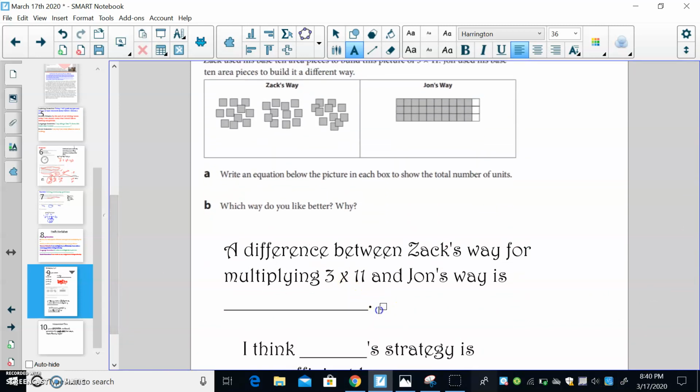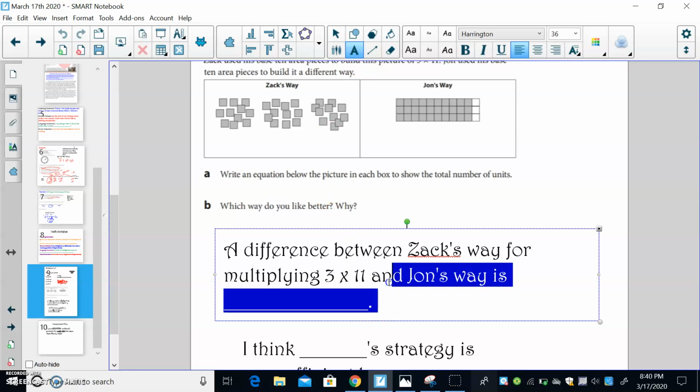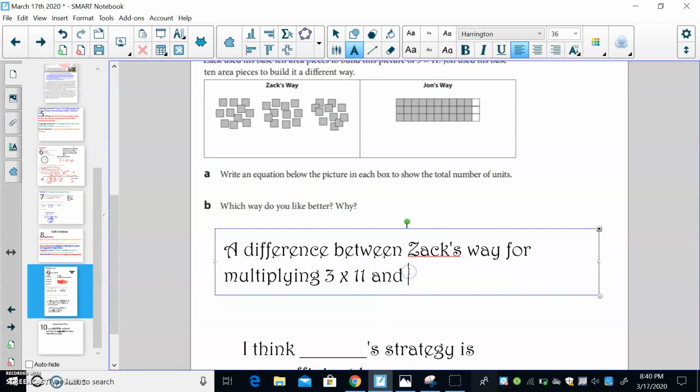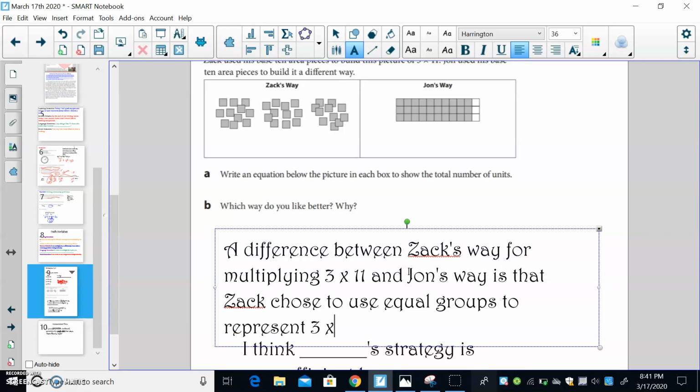A difference between Zach's way for multiplying 3 times 11 and John's way is that Zach chose to use equal groups to represent 3 times 11.